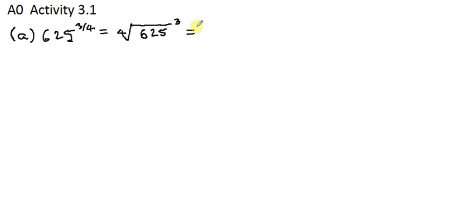And you can do this in two ways. You can either work out the fourth root of 625 and then cube it, or you can cube 625 and then work out the fourth root of the result.